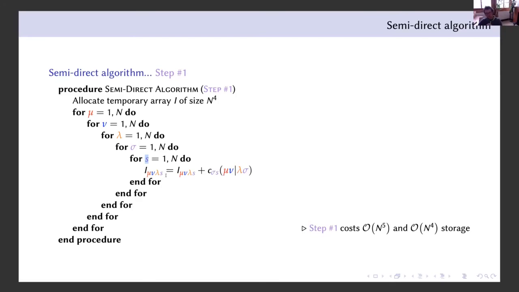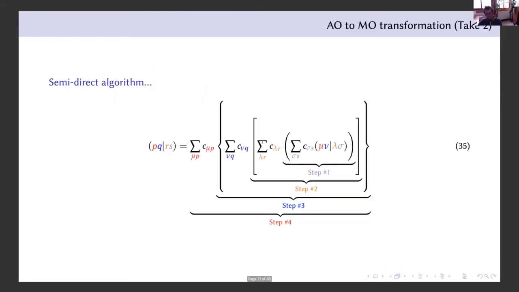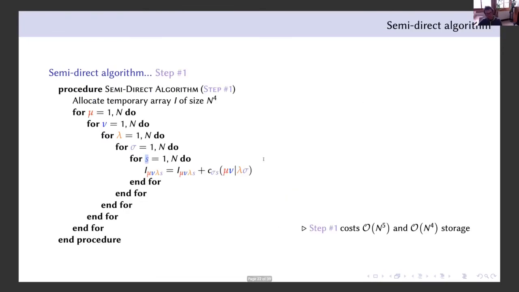So now that I've done this first step, I can do a second step, which is the second summation over lambda and r here, okay? So I can do it again. So step number 2: I'll allocate another array, J of size n to the 4 again, and I'm going to do 5 loops over mu lambda r and s now, and I'm going to accumulate over lambda r.